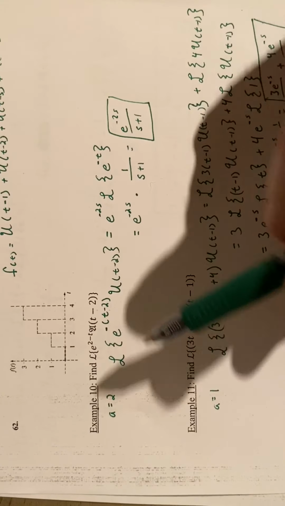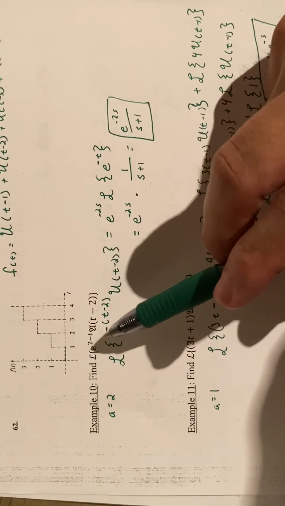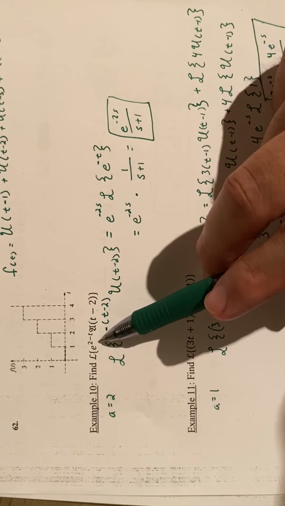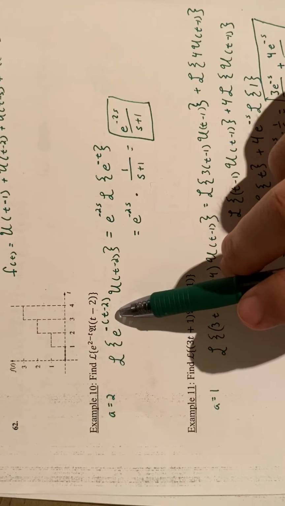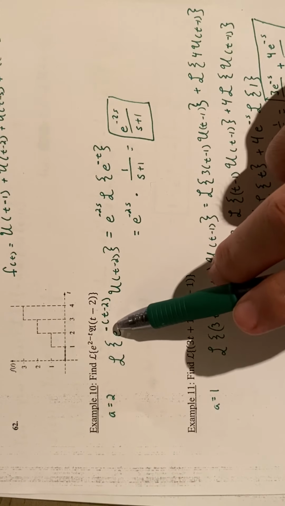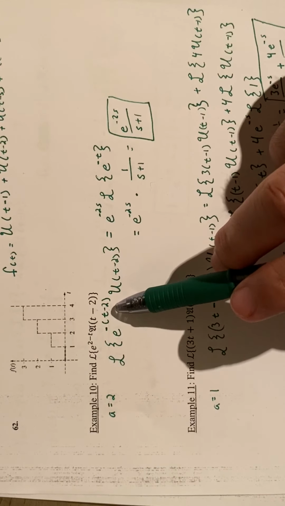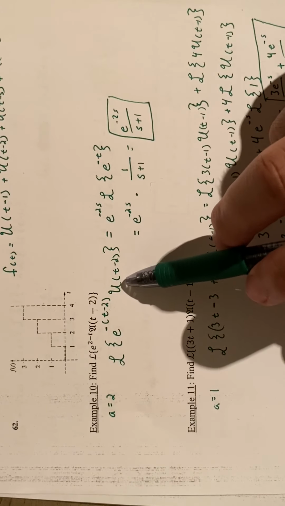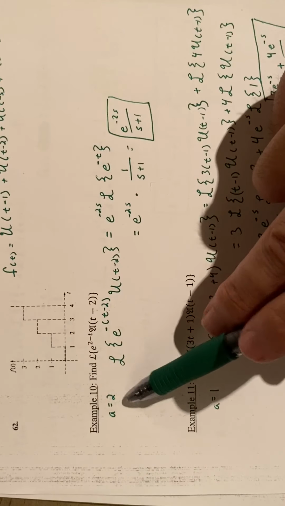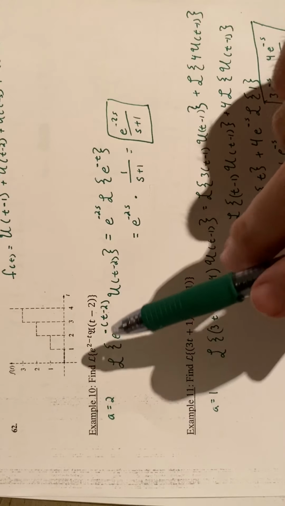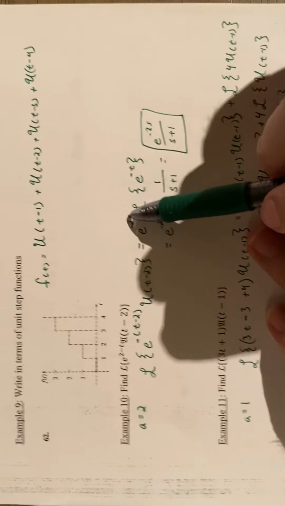So in order to do that, I'm going to change the way 2 minus t looks. Instead of having 2 minus t, I'm going to have t minus 2, but pull out a negative. And so now I have both my function and my unit step function in terms of t minus 2. That means that my a is 2. So then the outside is going to be e to the negative as.